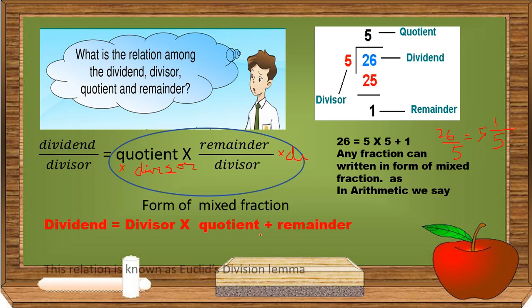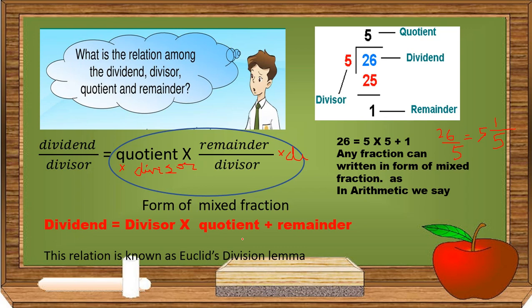So this relation is known as Euclid's division lemma. This is nothing but the division process. Earlier we studied the division process in lower classes, but here, more deeply, we see that dividend is always equal to divisor into quotient plus remainder.